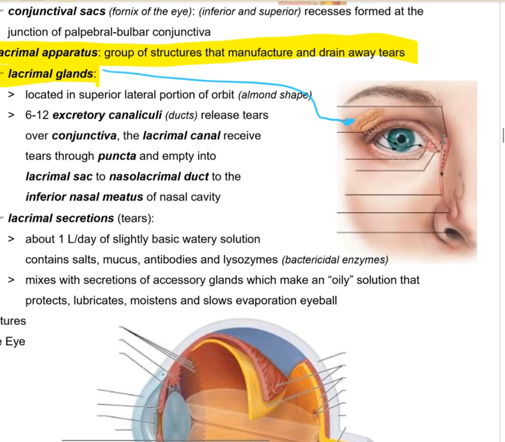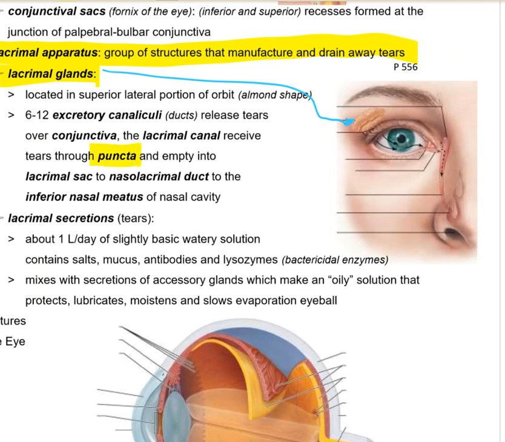And if you see these arrows here, you'll notice these arrows are showing the route in which the fluid moves, and eventually it will go into the lacrimal canal, and the lacrimal canal will receive this fluid through this little hole on the medial side called the puncta.